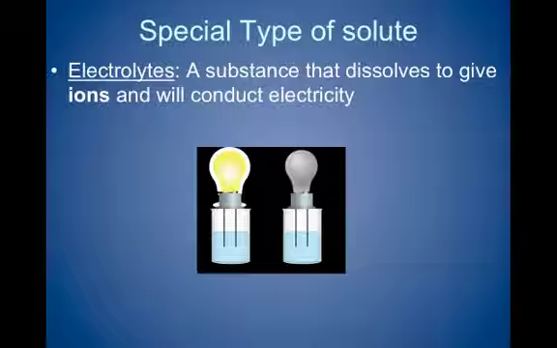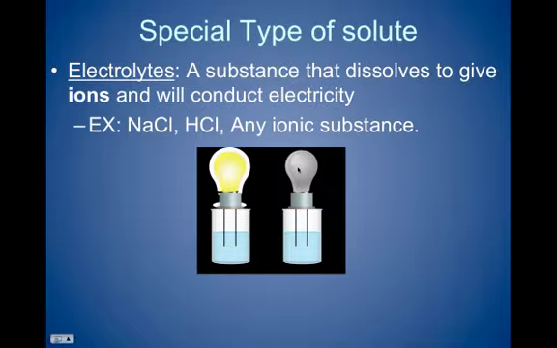So if you can get current flowing from here across, if you can connect that with negative or positive charges, you then have a complete circuit. And when you have a complete circuit, the light bulb lights up. So we'd have ions flowing from one, say, to another. If there's no ions flowing between them, you don't have an electrolyte. It wouldn't light up. So electrolytes are generally any ionic substance. There's probably some exceptions to that, but as another rule of thumb, any ionic substance dissolves to be an electrolyte.